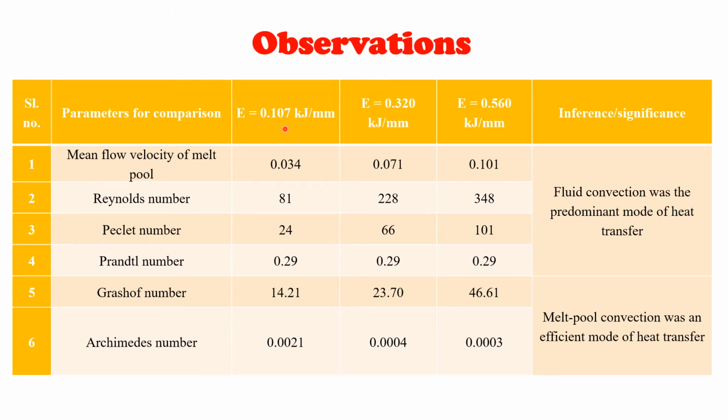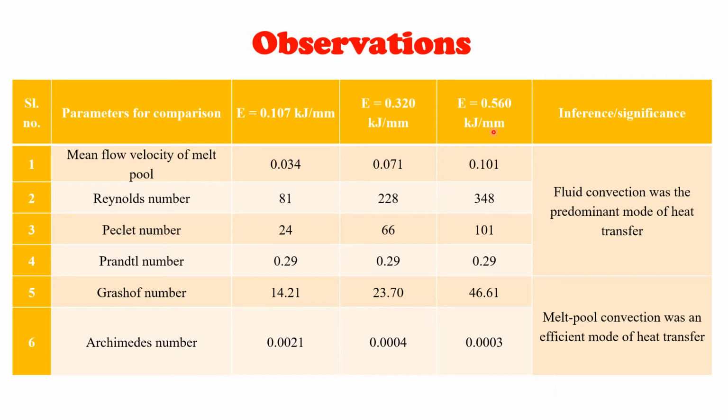It is observed that as heat input increased, the melt flow velocity also increased. This data is used in different analytical equations where Reynolds number, Peclet number, Prandtl number, and Grashof number, all of these analytical models showed an increase in their values from low to high heat input.